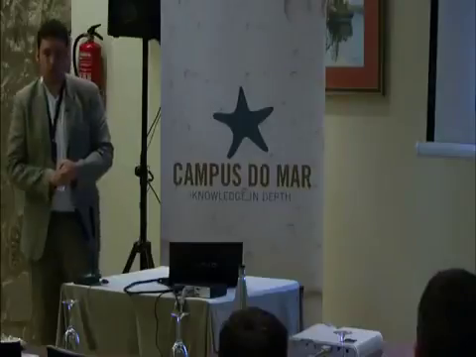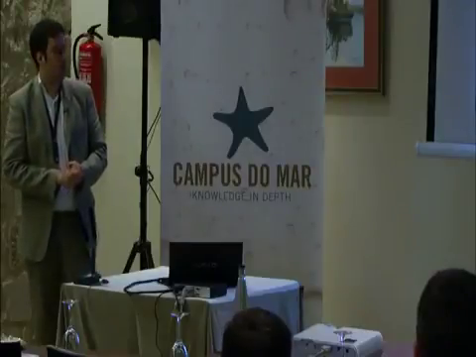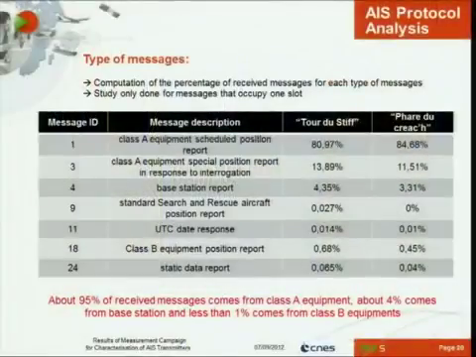We also wanted to know which types of messages we received during this measurement campaign. This study is only focused on messages that have a length of 1 time slot. So here are the 7 types of messages that we received, with the percentages.